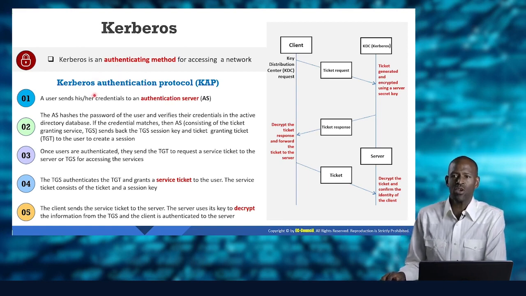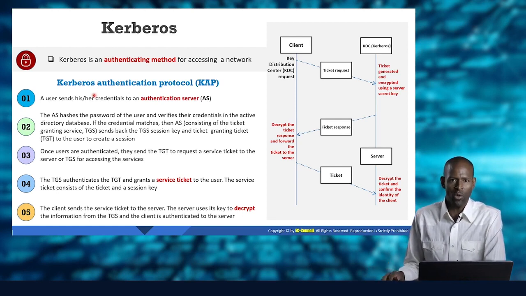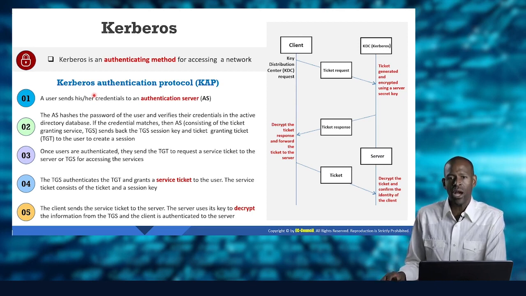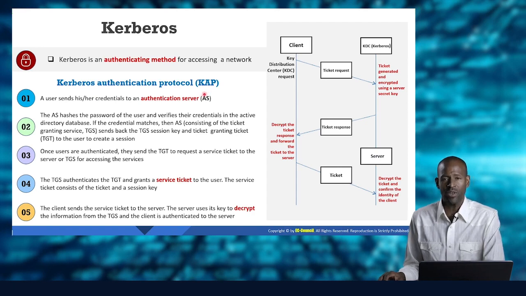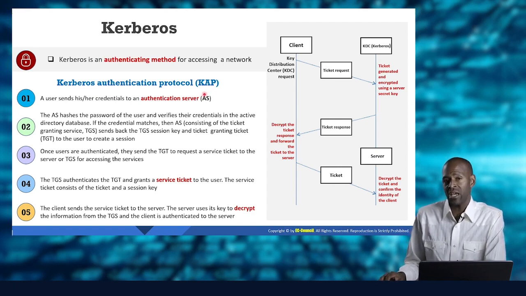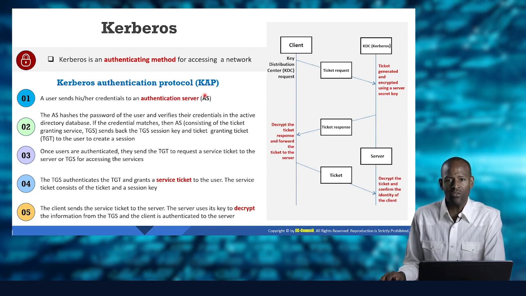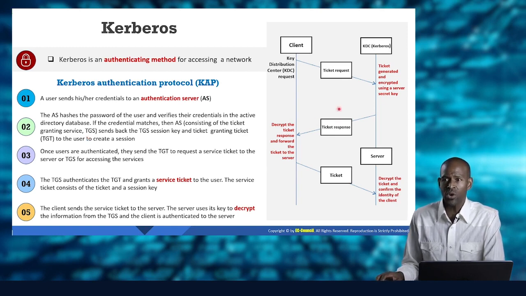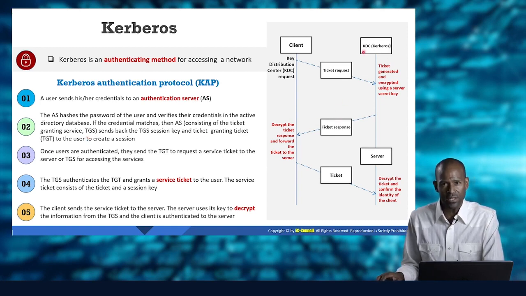And with the Kerberos Authentication Protocol, we have several things going on here. Number one, we have an entity, a user usually with credentials, and that credential is going to go to the authentication server. Now, when we look at the AS, or authentication server, and the ticket granting ticket service, or TGS, and TGT, those are actually going to be KDCs.